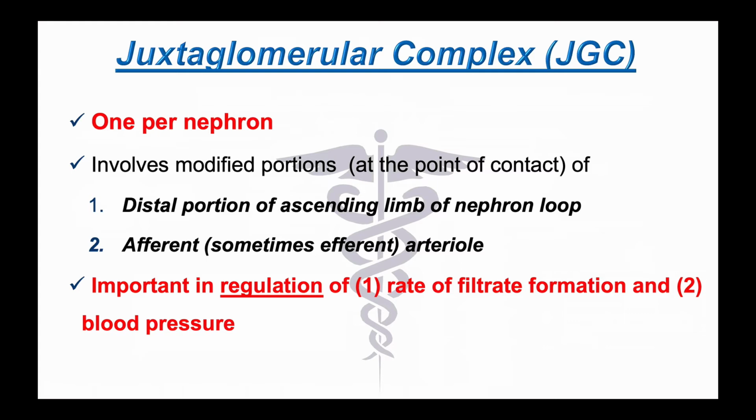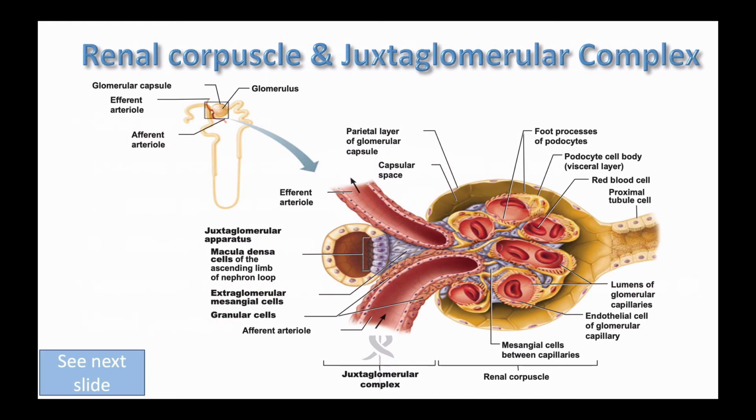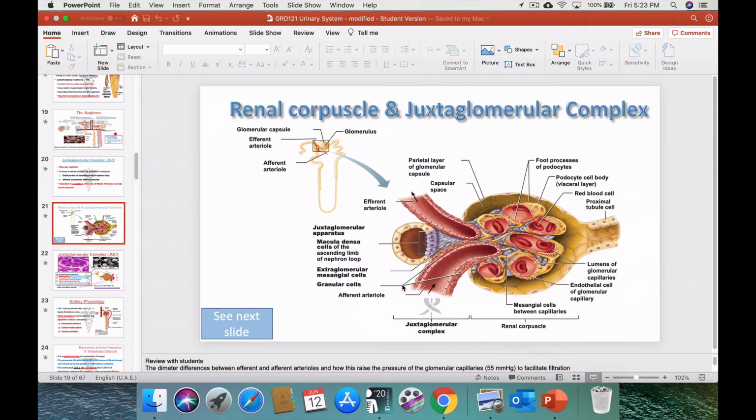As I told you, the juxtaglomerular apparatus is the main junction to maintain the blood pressure in the body. The kidney cannot simply filter all the urine. Now I would like to show you another picture for a better understanding.